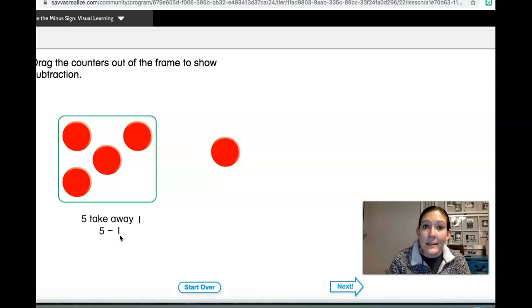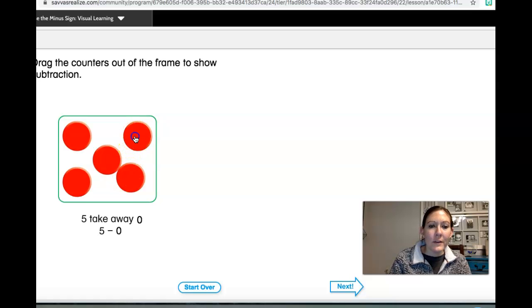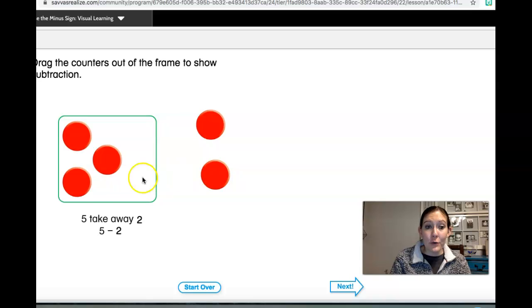That minus sign stands for take away. 5 minus 1. There are 5 in all. What if I take away 2? This shows 5 take away 2, or 5 minus 2.